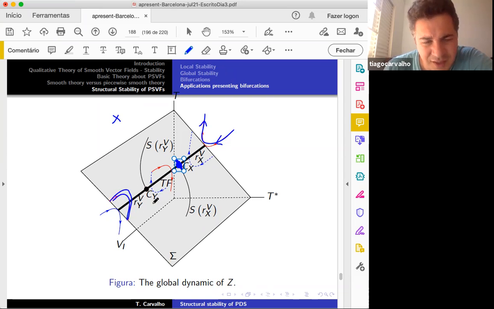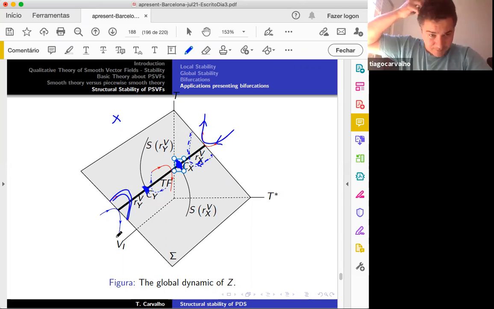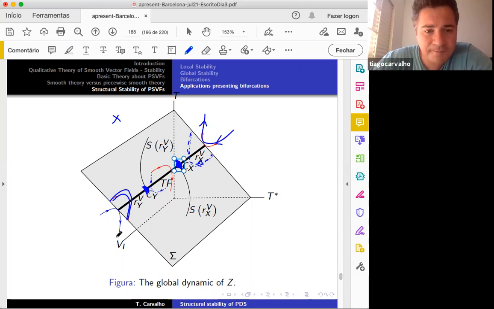Okay, and again, for the y vector field, there is a cusp point here, and for these points, the y vector field has an invisible tangent set, and for the other side, the y vector field has visible fold points. Okay.